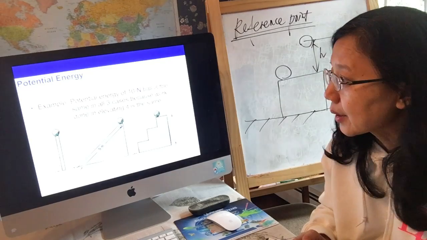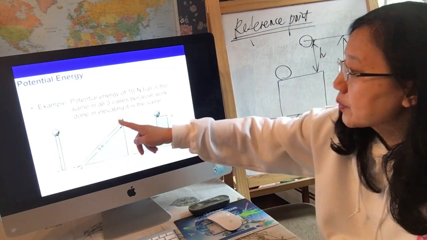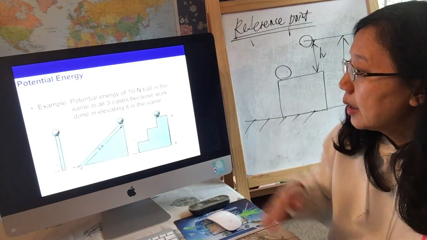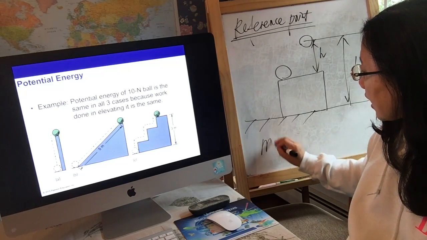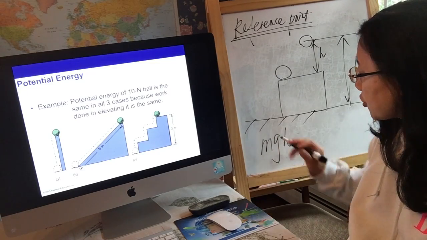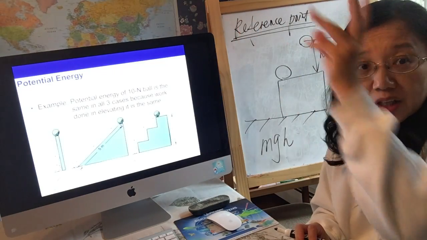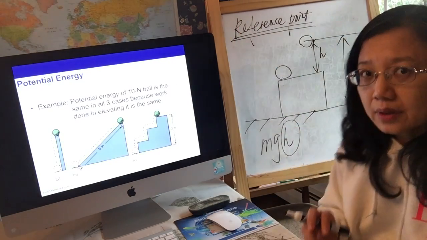Why is that? Maybe I lift the ball this way, or up the ramp, or up the stairs. But remember, potential energy is defined as mgh. It has nothing to do with how you lift the object up to a certain height. It only depends on the height.